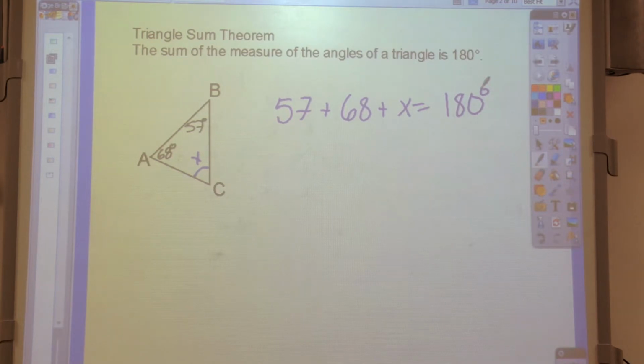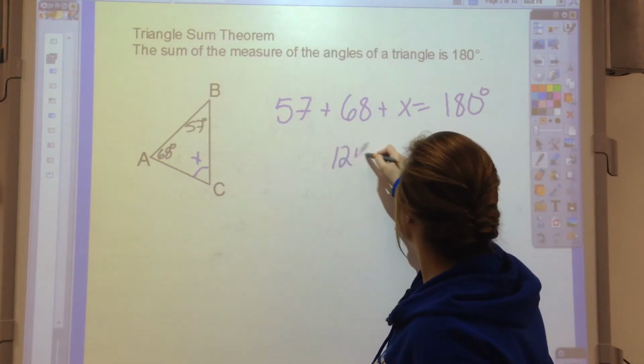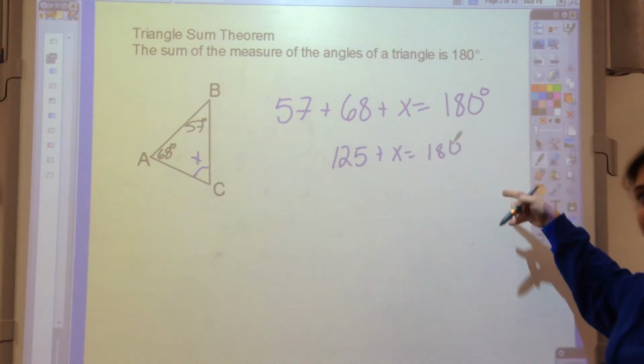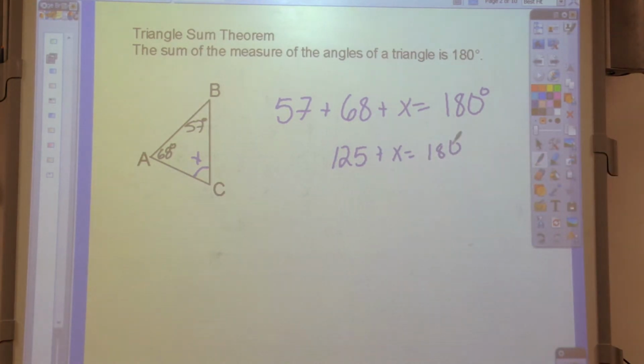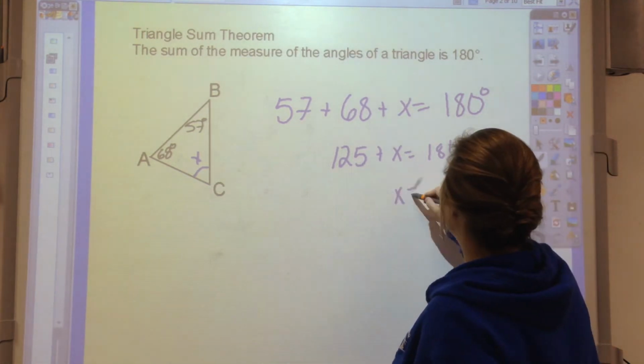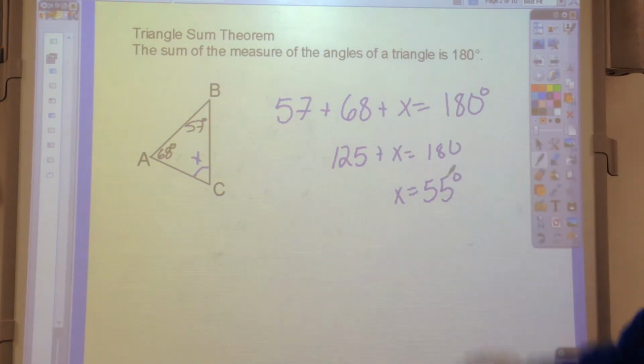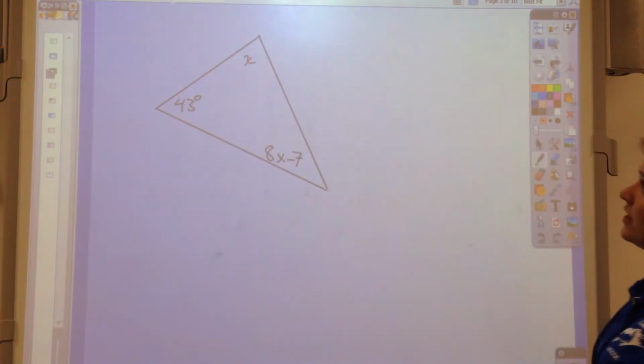If I add 57 and 68, it looks to me like I'm going to get 125. Double check that on your own. And now to solve for x, I can subtract 125 on both sides. I believe I get 55. That's how many degrees angle x should be.